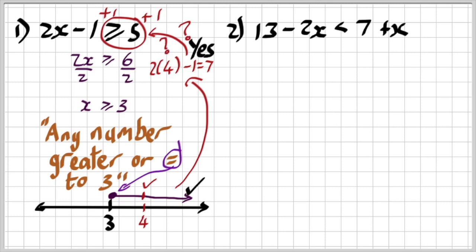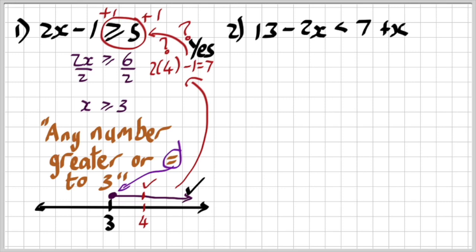Yes, it is. So therefore, it means any number on the right-hand side of 3. So it could be 4, 5, 5.75, the square root of 324. But any number on the right-hand side of 3 would be possible values or possible solutions for the inequality.